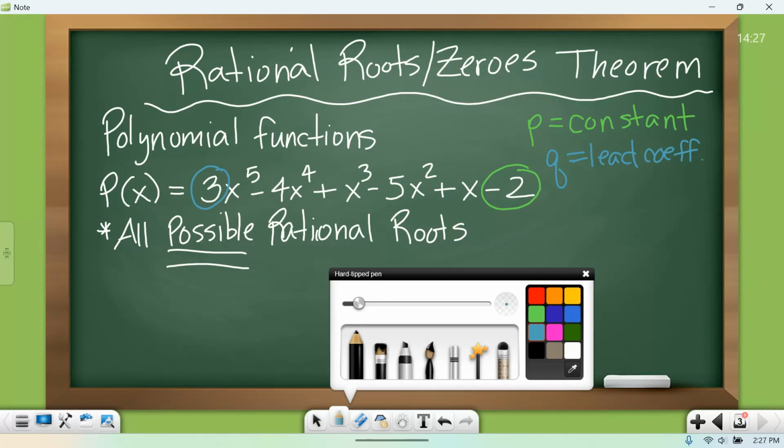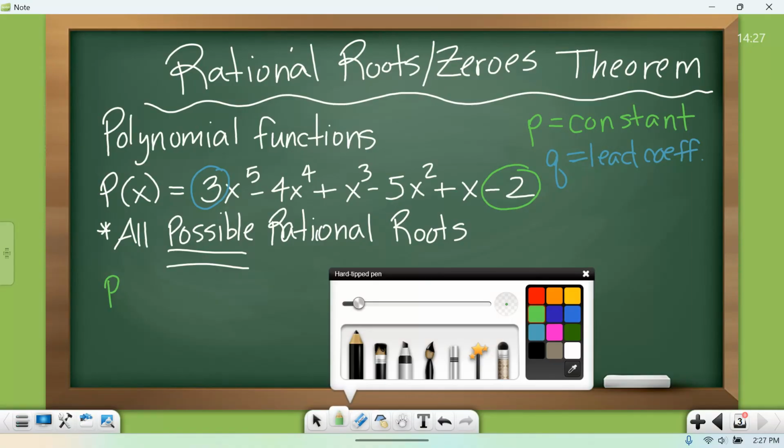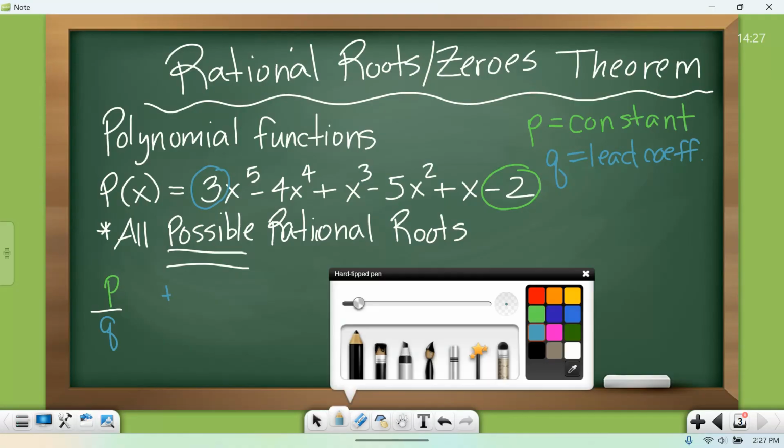So our rational roots are going to be in the format P over Q, and I'm just trying to stay color-coded. P over Q. And what we're going to put on top is all possible factors of each one. So we are going to factor, let me put this in white.